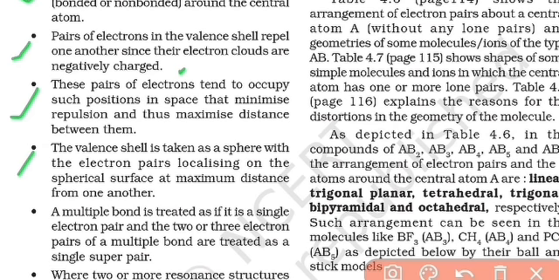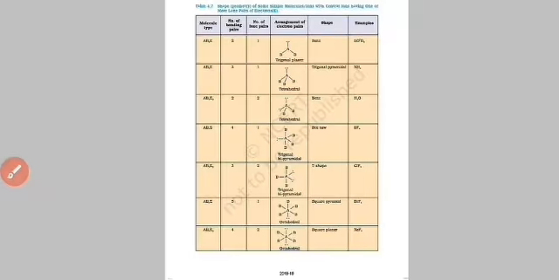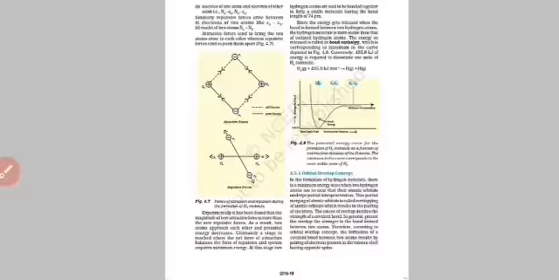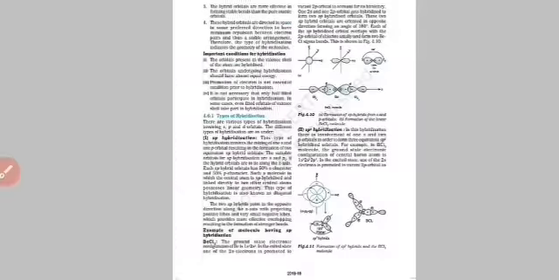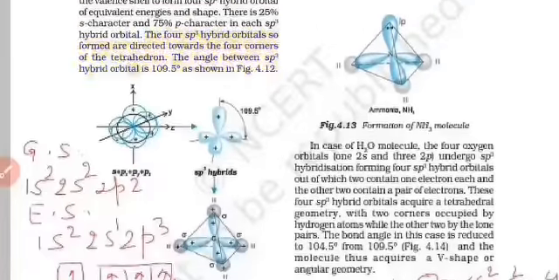The valence shell is taken as a sphere with the electron pairs localizing on the spherical surface at maximum distance from one another. So with the help of these points of valence shell electron pair repulsion theory, let us understand why the bond angle in ammonia is 107.